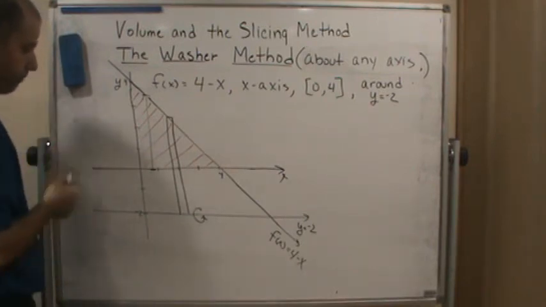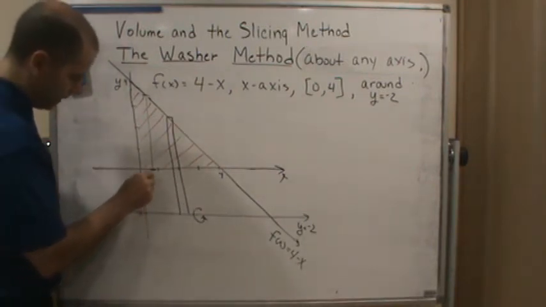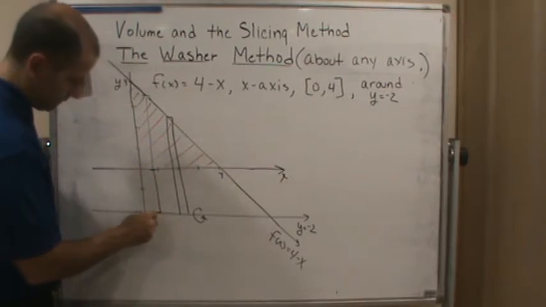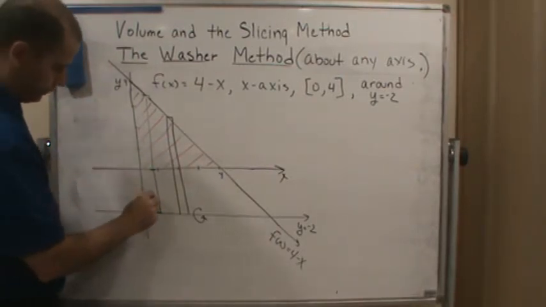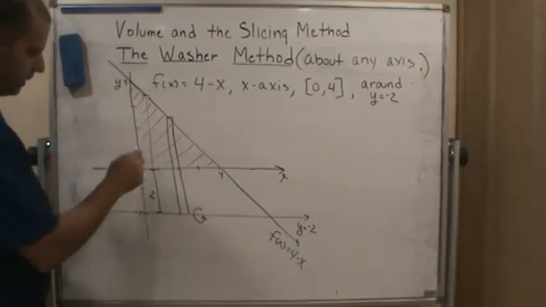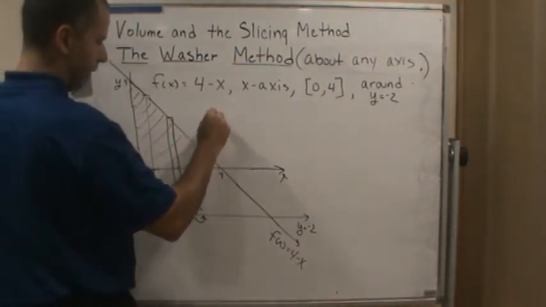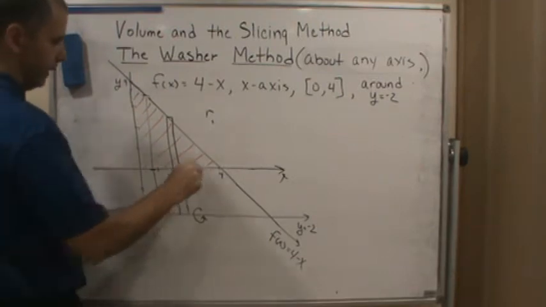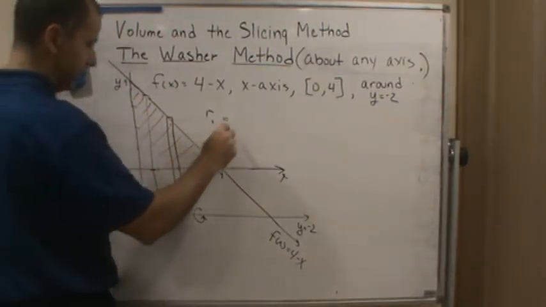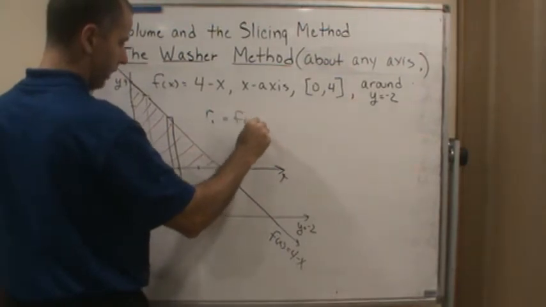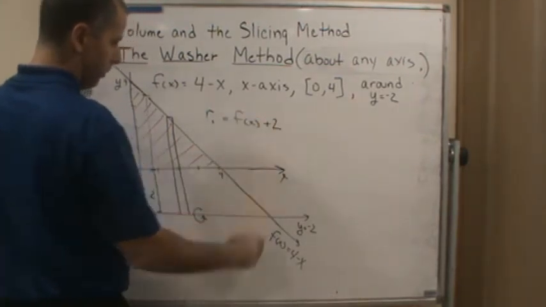So we're going to add this distance, which is 2. The radius, I'll call it radius 1, of the bigger disk is going to be f of x plus 2.